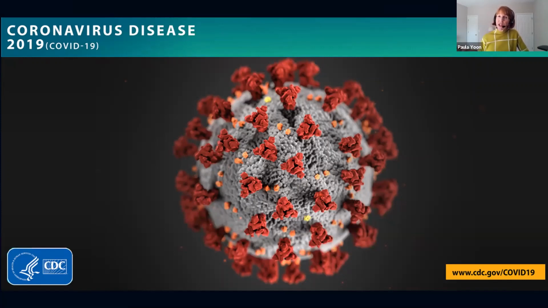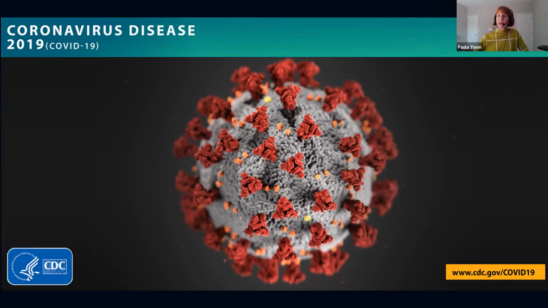The Hospitalization Surveillance Network, or COVID-NET, is a population-based surveillance system that collects data on laboratory-confirmed COVID-19 associated hospitalizations among children and adults through a network of over 250 acute care hospitals in 14 states. COVID-NET covers approximately 10% of the US population.